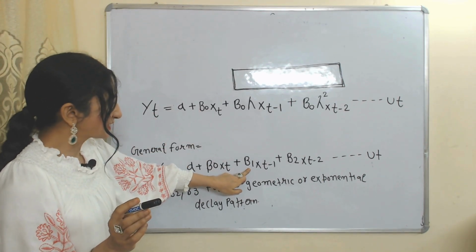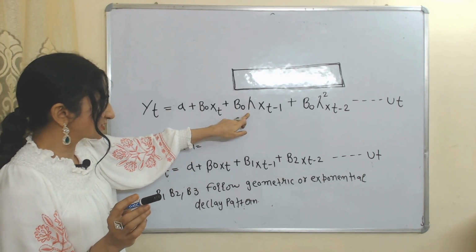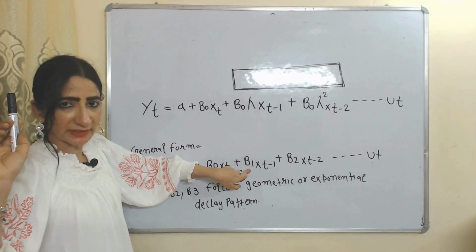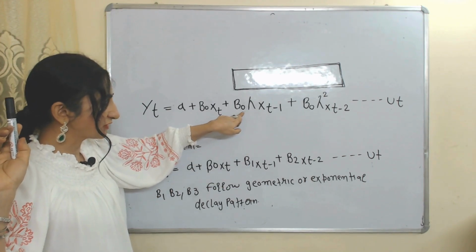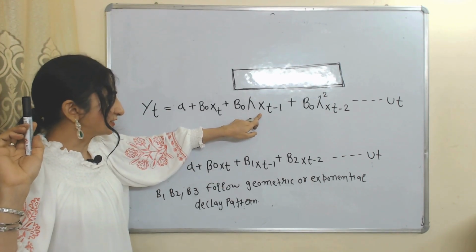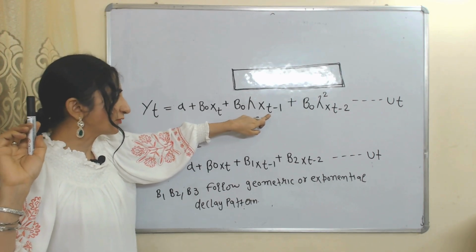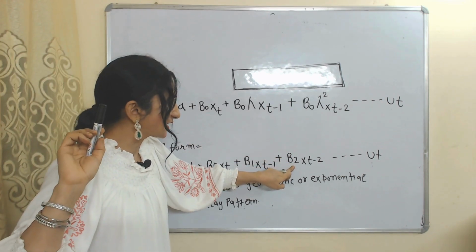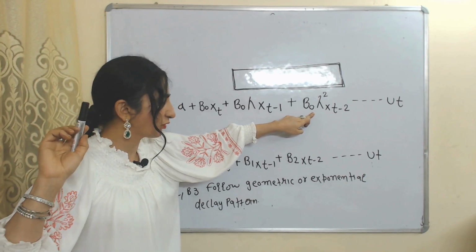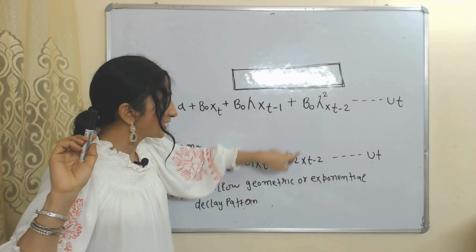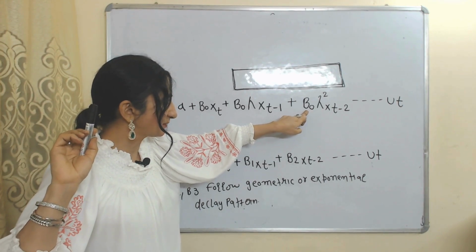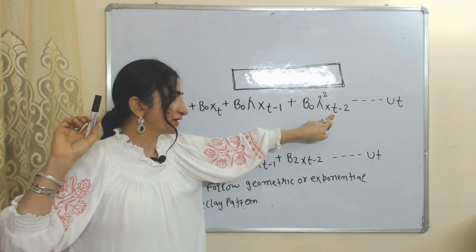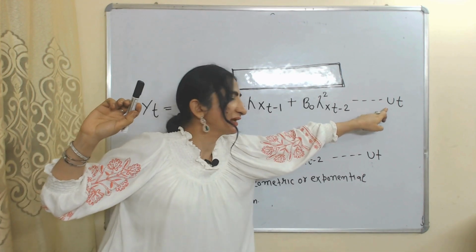In place of beta 1 we put beta 0 lambda, and this is the value of the independent variable at the previous year. And in place of beta 2 we put beta 0 lambda square, and this is the value of the independent variable two years before, and this is our error term.